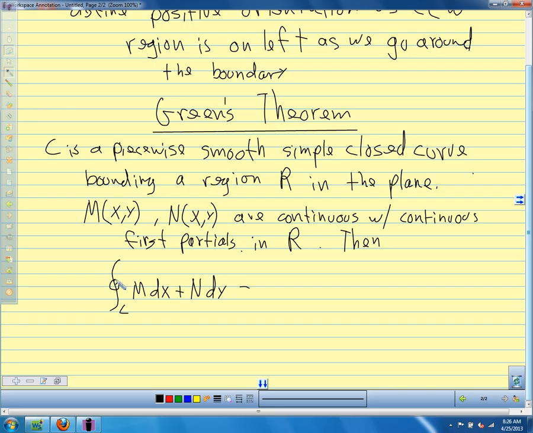The arrow tells us the orientation around the curve, pointing counterclockwise, so we're traveling with positive orientation. The circle tells us we have a closed path. This equals the double integral over R of the partial of N with respect to x, minus the partial of M with respect to y, dA.